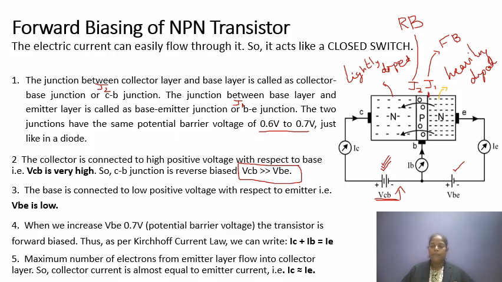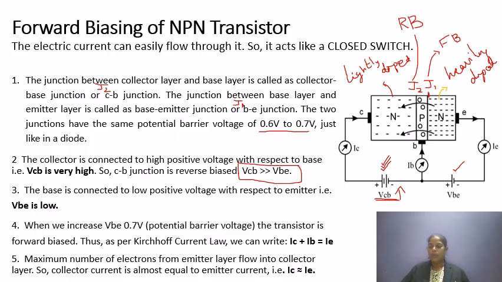Clear? Next, the base is connected to a low positive voltage with respect to the emitter. This is positive and it is connected towards the negative. As I told you, junction 1 is in forward bias.